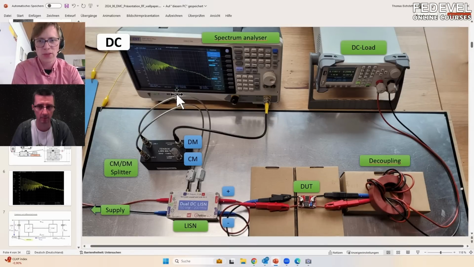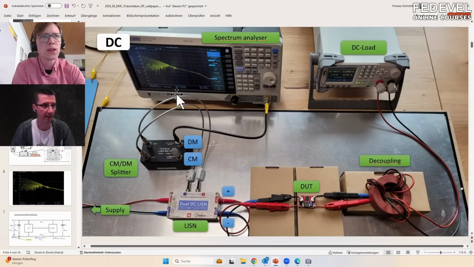The quasi-peak should represent the ear of a human, so you would recognize it as something annoying in the audio region when it is over a certain limit. And I'm measuring here with the peak detector, which always measures the highest value. It measures a certain number of points, and then it takes the highest value.